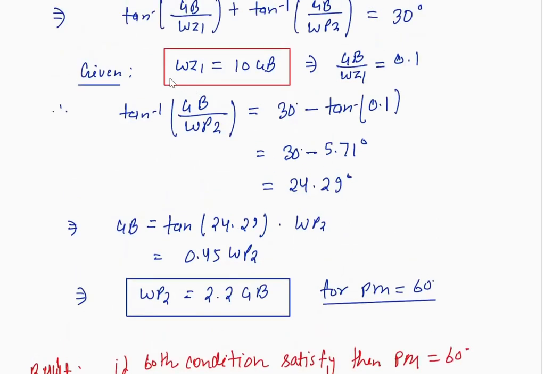The first thing is that our zero frequency is at 10 times the gain bandwidth.